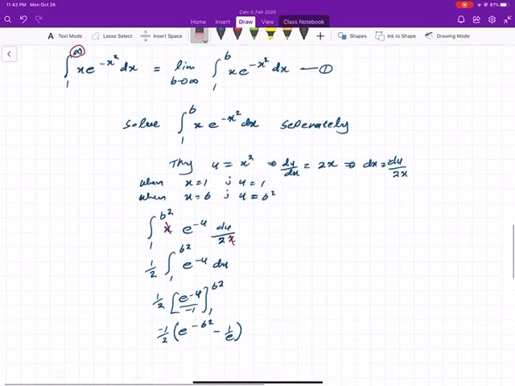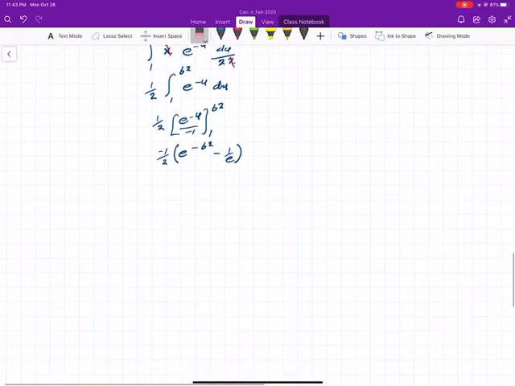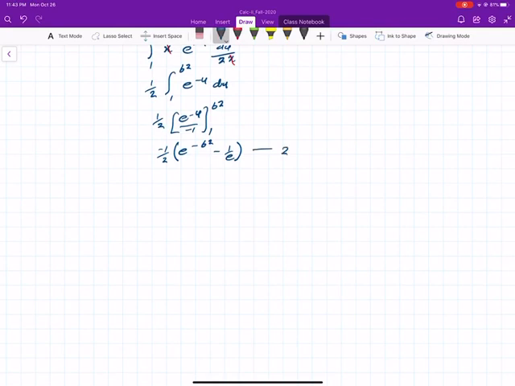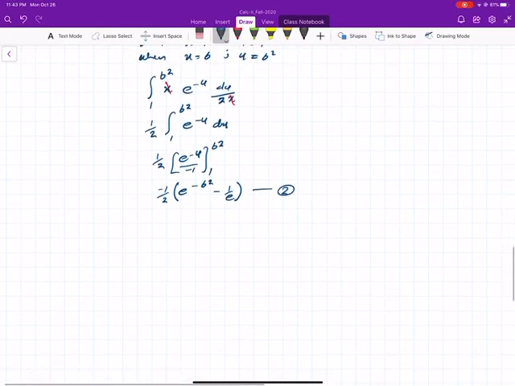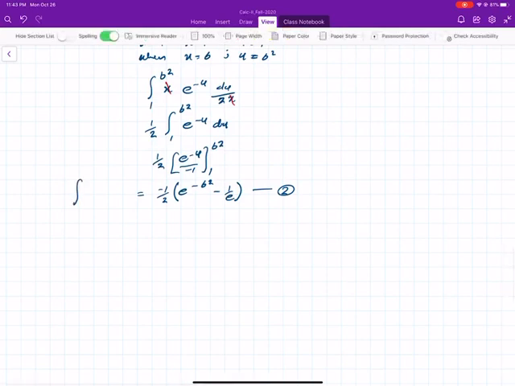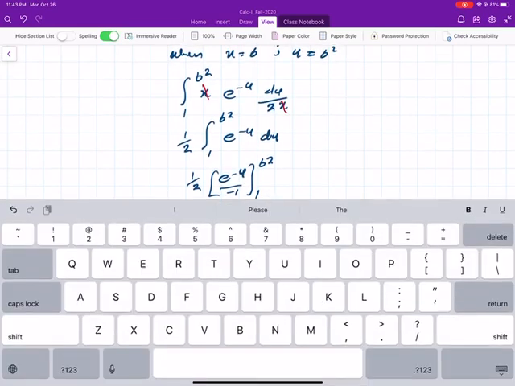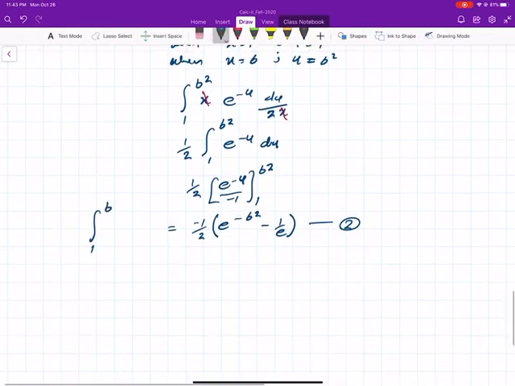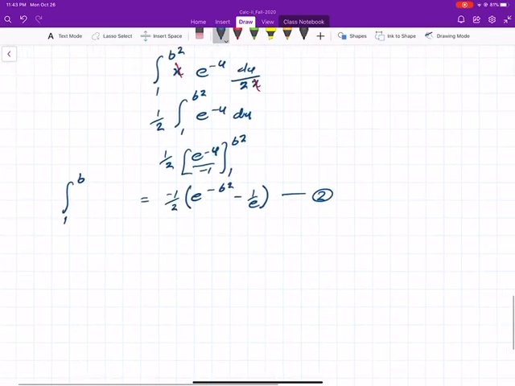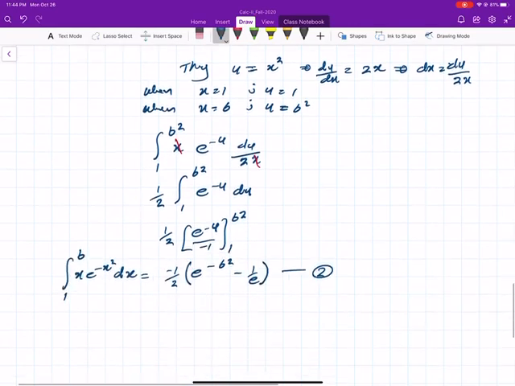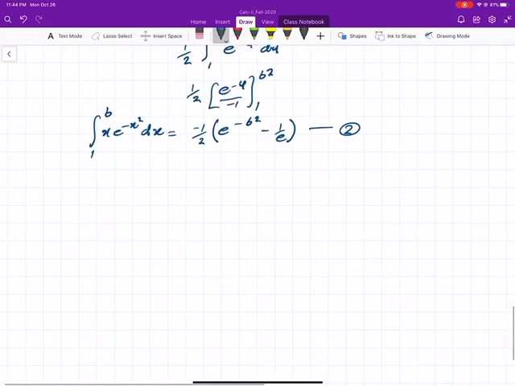Let me take this as equation number 2, which is the integral from 1 to b of x times e to the power negative x square dx. Then substitute 2 into 1.